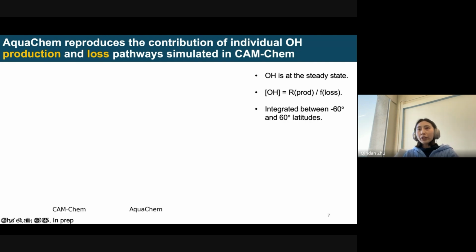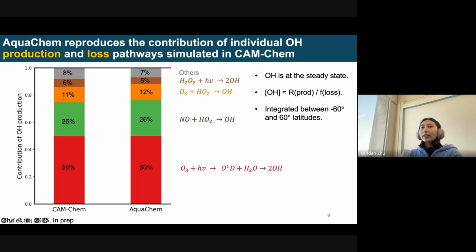And here, what I'm showing is the contribution of the individual OH productions versus OH losses, with ChemChem on the left and AquaChem on the right, integrated between -60 to 60 latitude bands. So first, I'm showing the contribution of the individual OH productions, both from ChemChem and AquaChem.